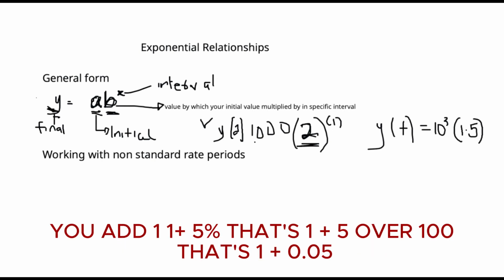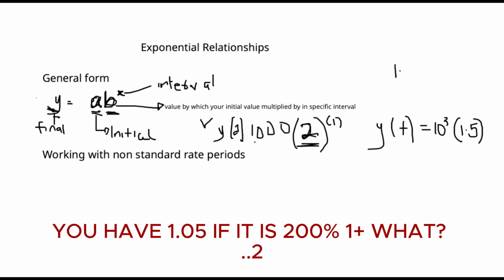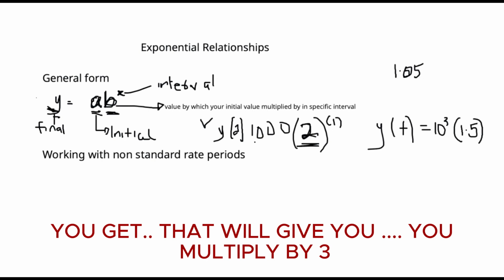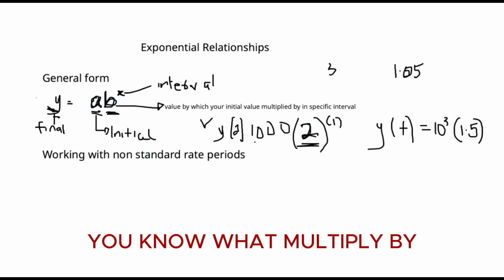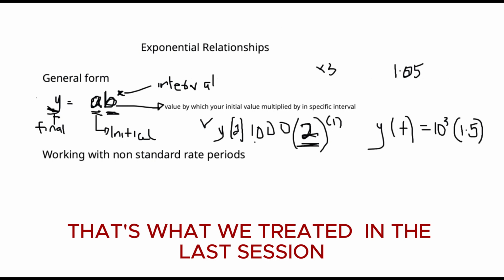So if it's 5%, you add 1 plus 5 over 100, that's 1 plus 0.05, you have 1.05. If it is 200%, it's 1 plus 2, which will give you multiply by 3. So depending on which percentage you are given, you know what to multiply by. That's what we treated in the last session.